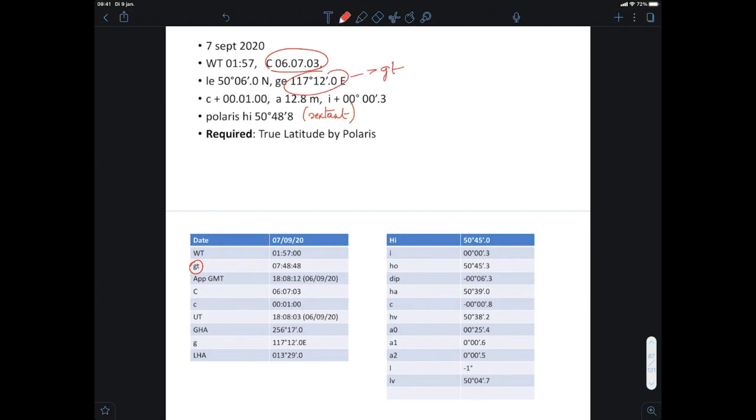Since we are in the east, we know that Greenwich is least, so we have to subtract. And so we do our observation at 18:08:12, the previous day. Very important. So we know now that our chronometer time, we need to add the correction and 12 hours.